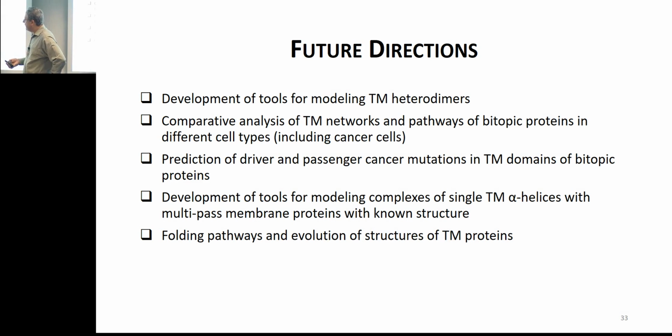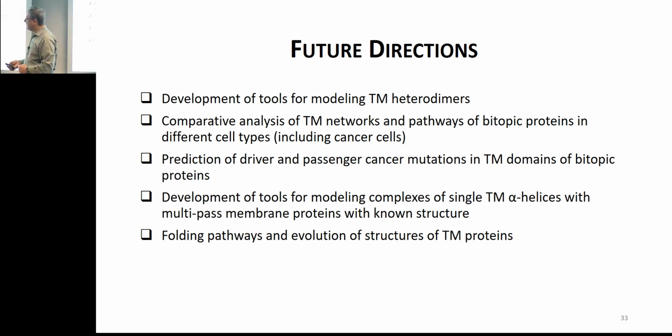This would allow us to analyze transmembrane interaction networks of bitopic proteins, because we know about interactions between proteins A and B, but we don't know if they interact through water-soluble domains or transmembrane domains. And we can try to answer this question by using this software.